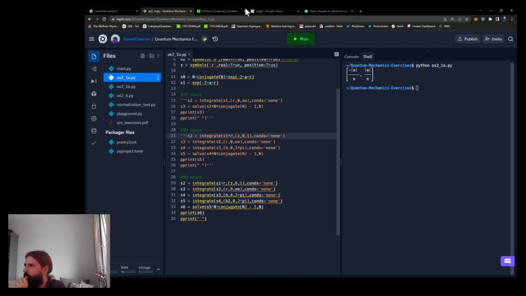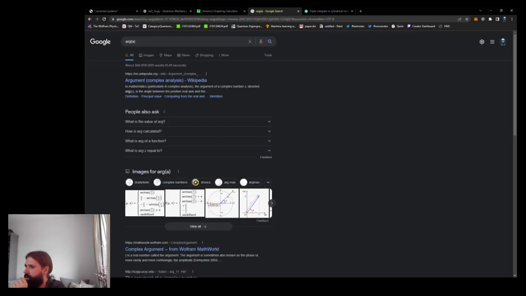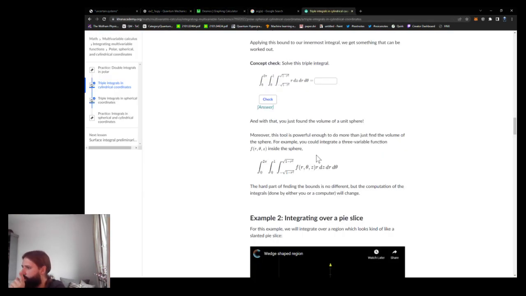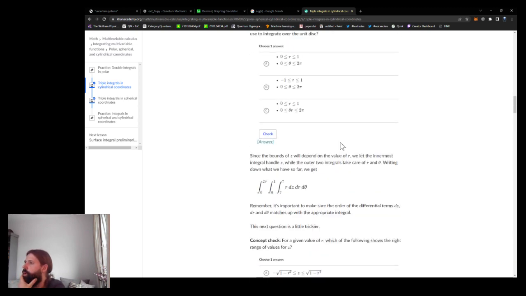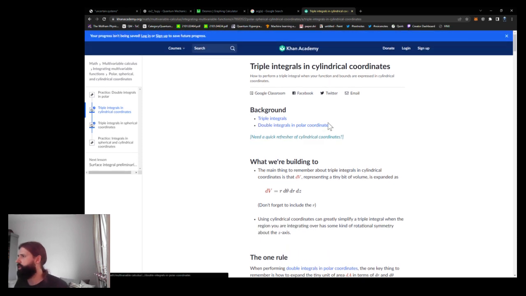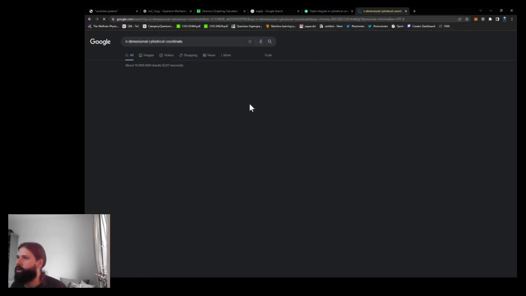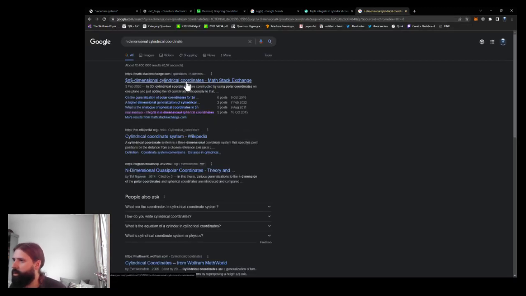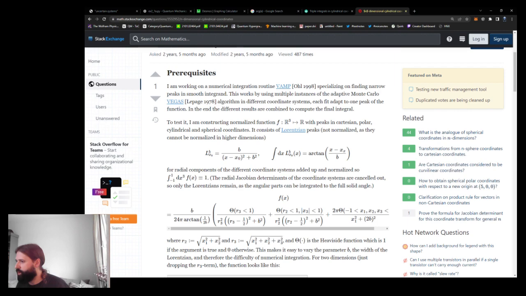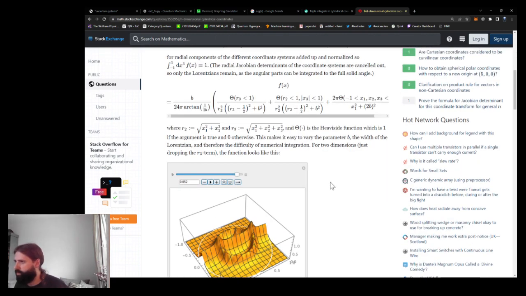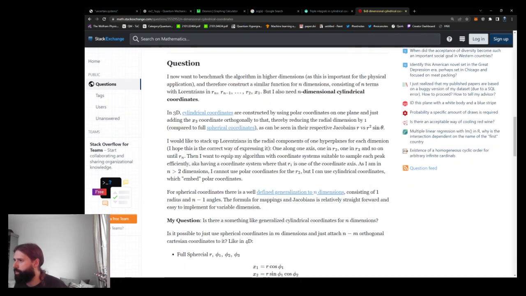No, that is okay. That's what I'm missing, because this is for cylindrical coordinates. So what about n-dimensional cylindrical coordinates? This is what we want.